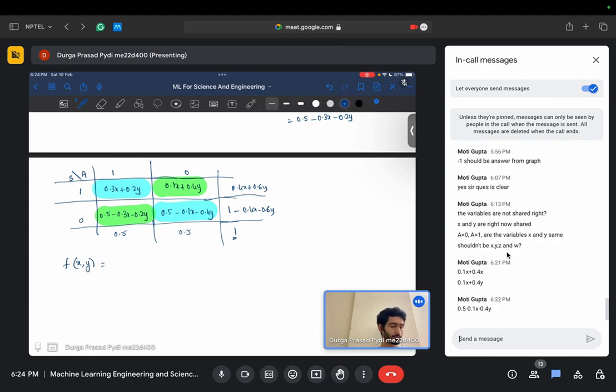So ideally I should be writing some constants here, say lambda 1 times, I'll come to what these lambda 1, lambda 2 are. So I'll just add up all this. These lambdas are something that you have to choose depending on your problem.